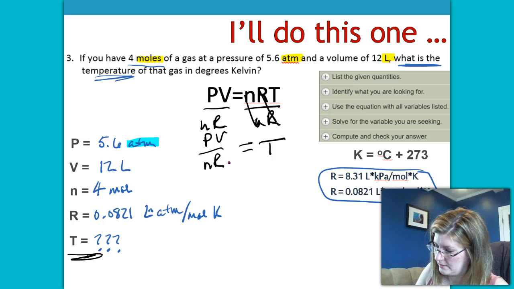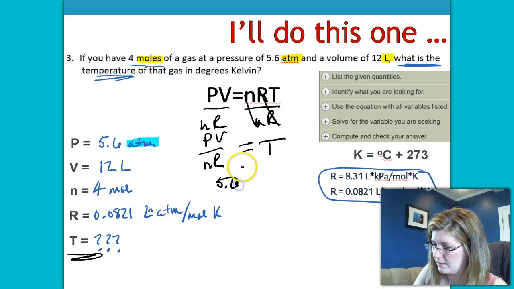So now we're saying that we have pressure of 5.6 multiplied by our volume of 12 divided by 4 times 0.08.